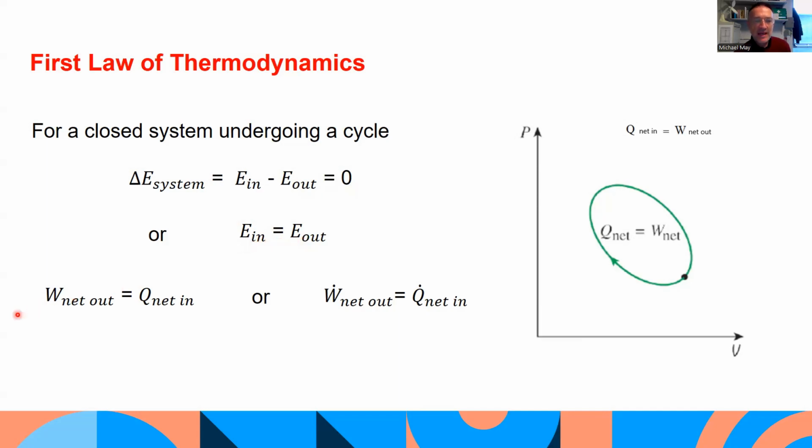That means the net work out of the system equals the net heat into the system. Or in terms of power, the net power out of a system equals the net heat coming into the system, Q dot, the heat transfer rate coming into the system. So that's the first law of thermodynamics applied to a thermodynamic cycle, accounting for the energy somewhere.